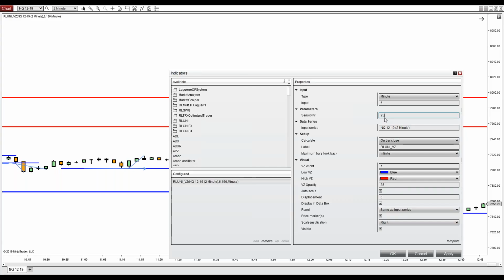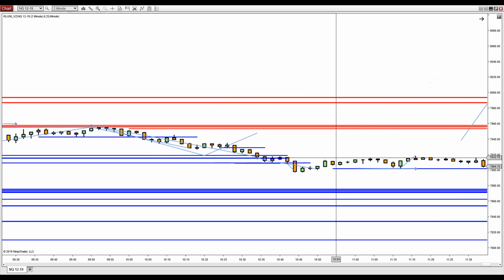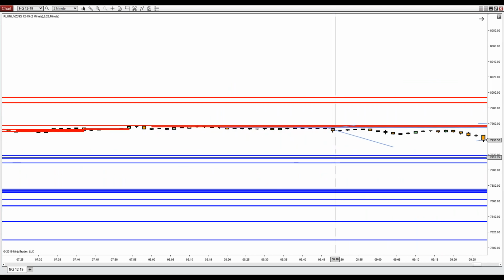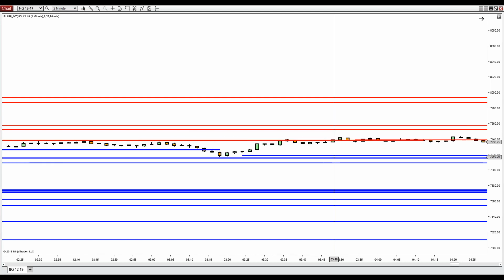The lower the number, the smaller the buy-sell imbalance that's required, and here you have an incredible number of areas of buy-sell imbalance.